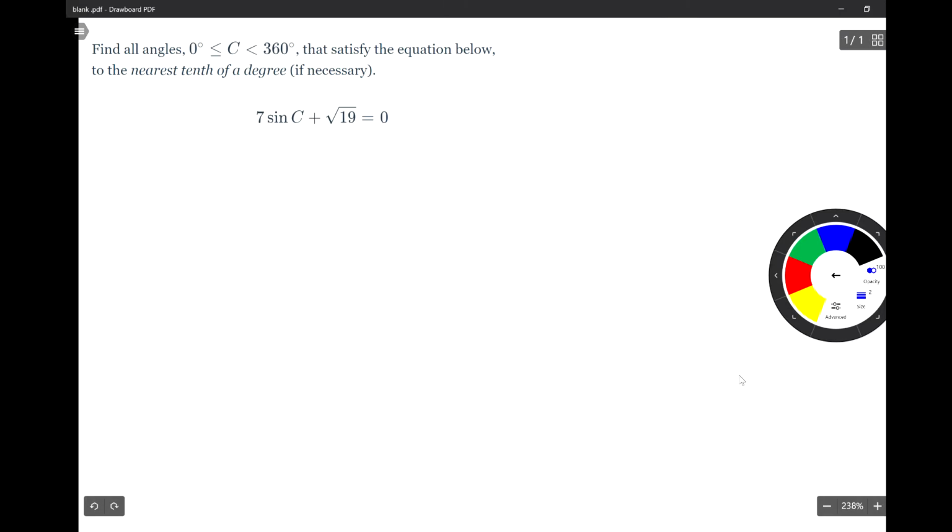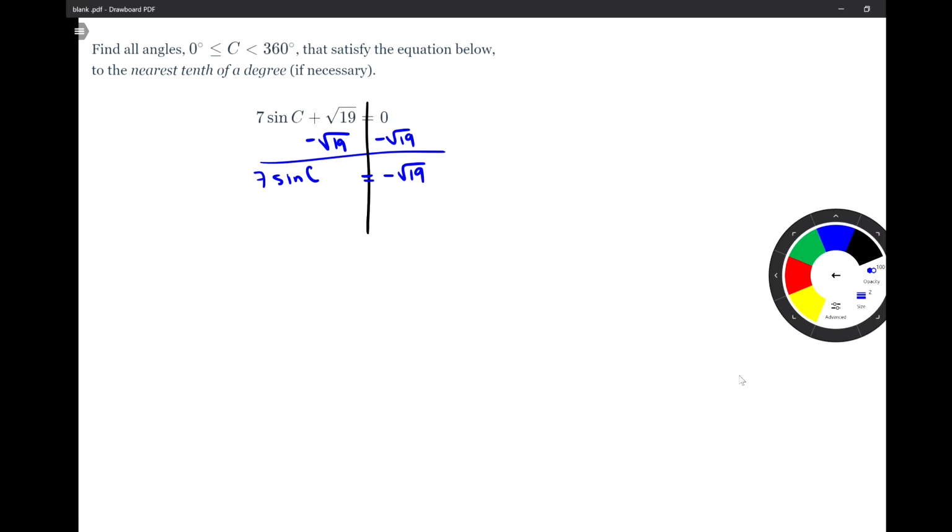So first of all, we subtract square root 19 on both sides. Okay, so maybe I draw a line to help you see two sides clearly. And then now on this side I have 7 sine angle C equals negative square root 19.